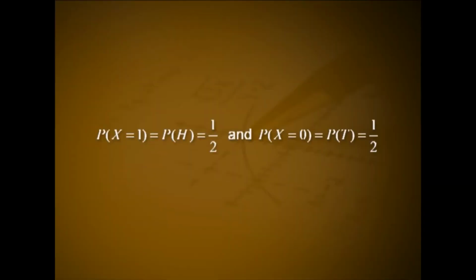If the coin is unbiased, we get P of X equal to 1 is equal to P of H, that is equal to 1 by 2, and P of X equal to 0 is equal to P of T, that is equal to 1 by 2.